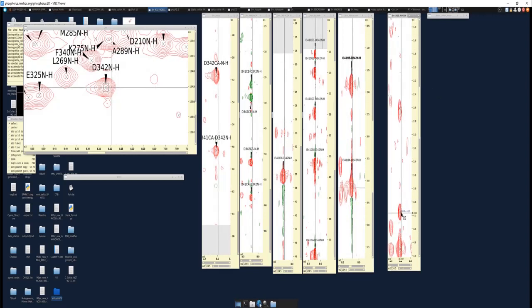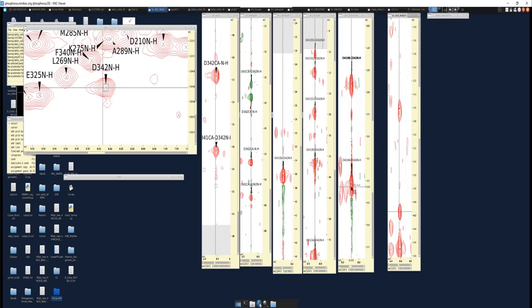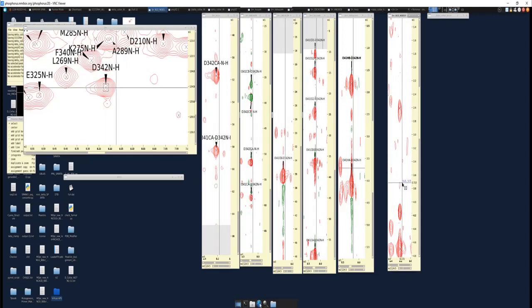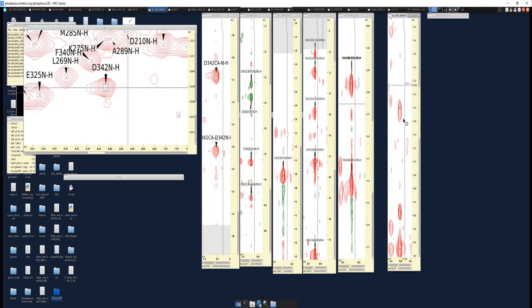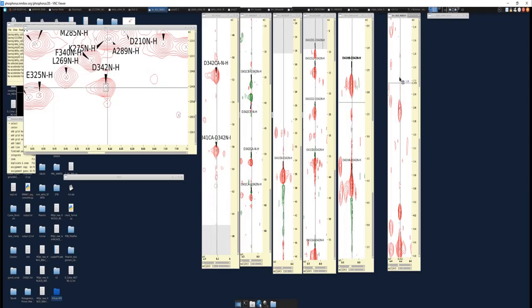Now you might notice that the H alpha here lines up with the I-1 H alpha here, right? This makes sense. The H alpha of the nearby I-1 and I+1s, they're going to be close. And so you will sometimes see those in your NOEs. That's not always a guarantee, so you cannot use the NOESY necessarily as an absolute replacement for an HBHACONH, but you can see those connections.